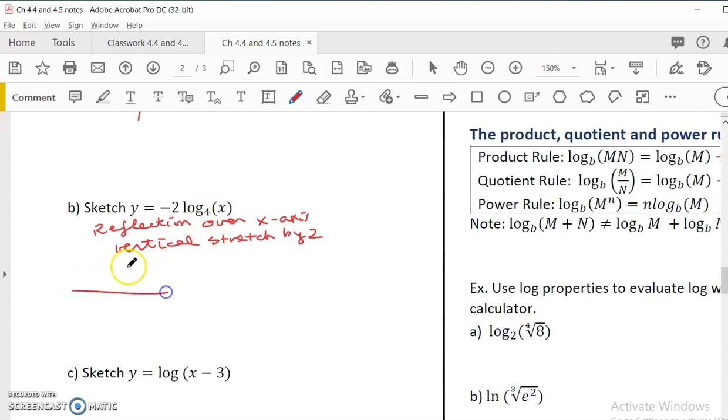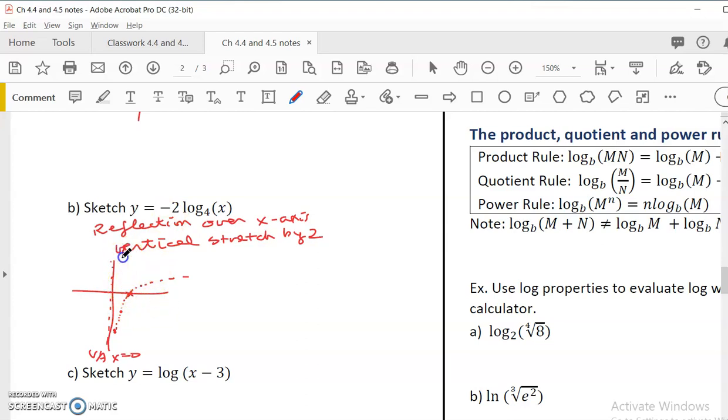To graph it, we'll graph the log 4 x first. What is log 4 x? I'm just going to dot it this way. You would have a 1 here, and then this is an asymptote here, VA equal to x equals 0. Now I'm going to do the reflection up and down, and then stretch.